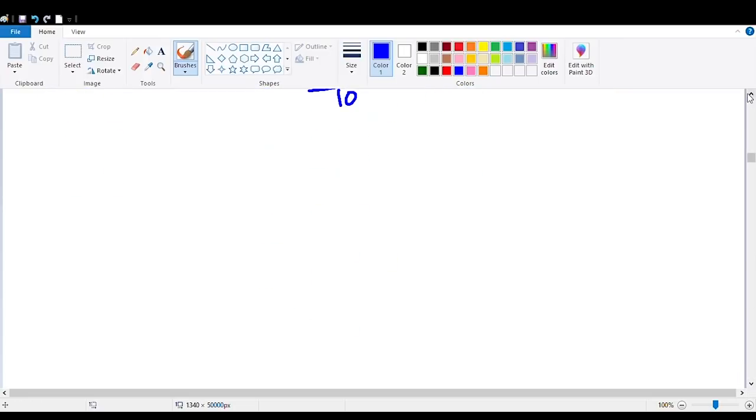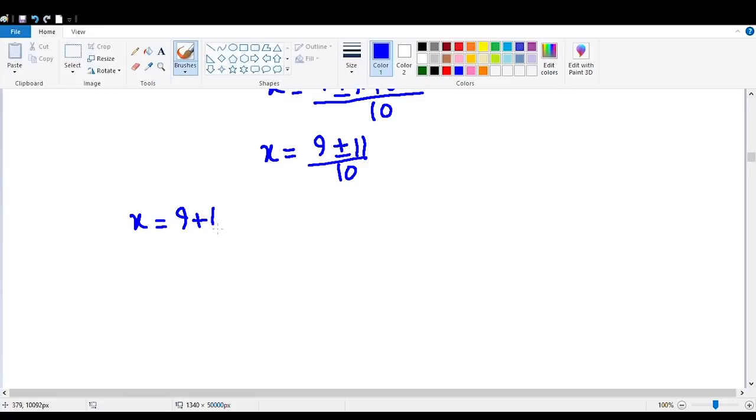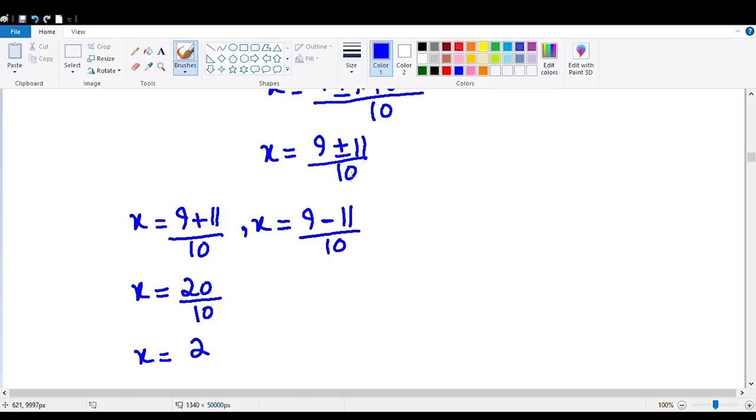And from here you can just write x either equals 9 plus 11 over 10, or x equals 9 minus 11 over 10. In this case, x will equal 9 plus 11 is 20 over 10, which will equal 2, as this 0 and this 0 cross out, and 2 over 1 is 2. Or it will equal x equals minus 2 over 10.